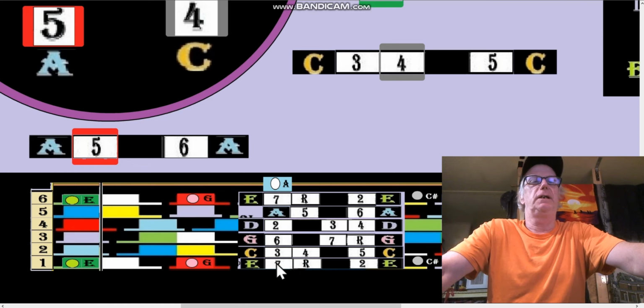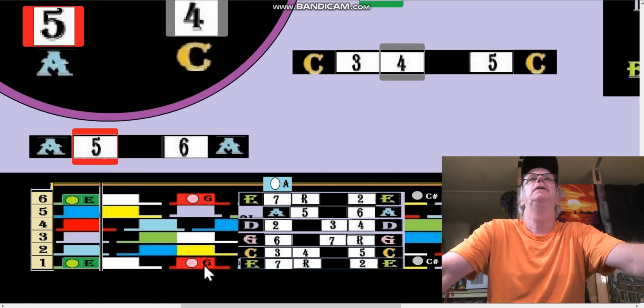So the sixth of G is what? It's the G right there. Excuse me, the sixth of B flat is the G. So between the G and the A dot there, we should have, excuse me, between the G and the B flat is right there.